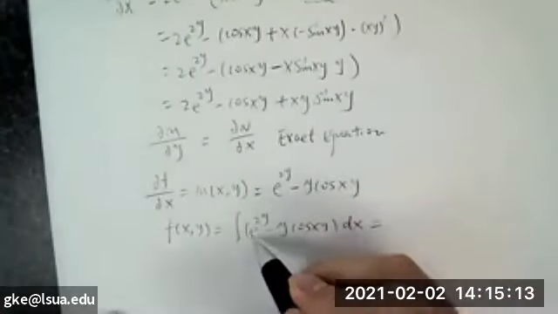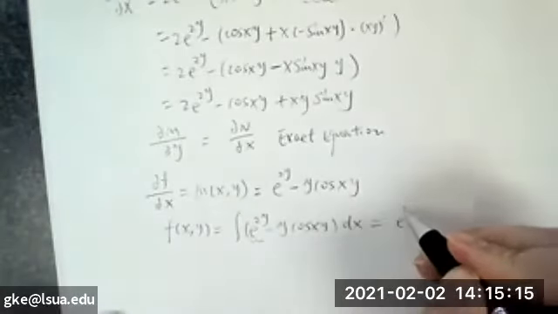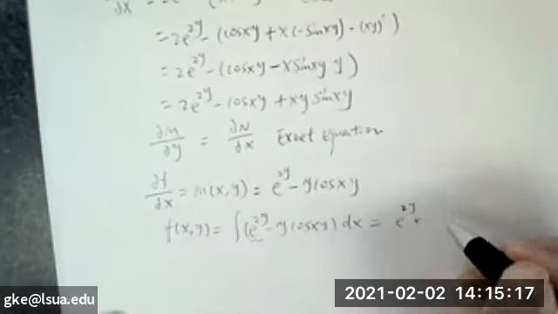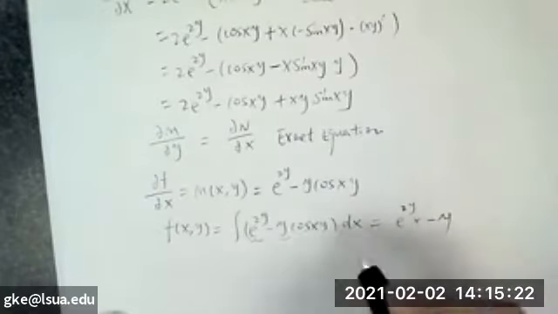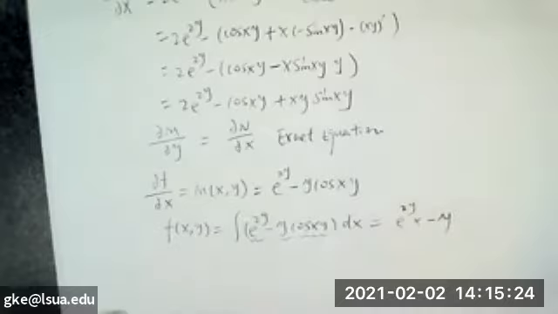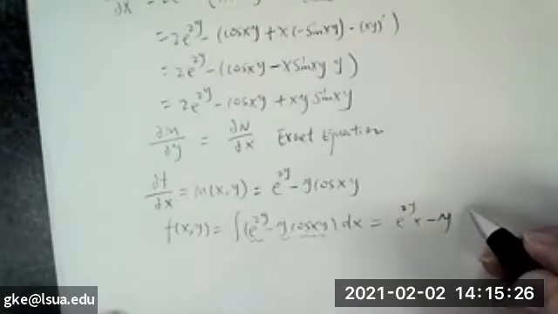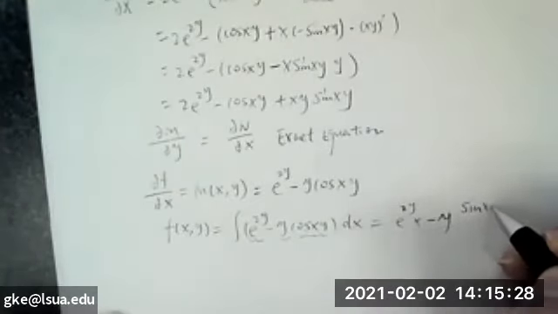And of course, y is a constant. The antiderivative of the first term should be x, and this is a constant. So basically, we're going to do the integral of the cosine term, which should give a sine.